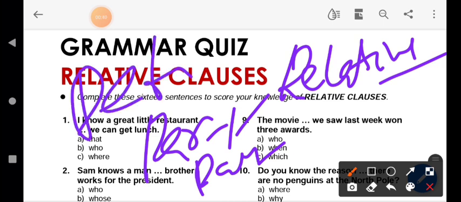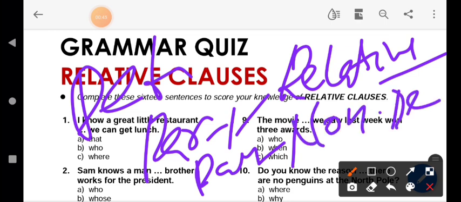In part 2, the non-defining relative clause. In this class, I will be ready to explain a practice test.